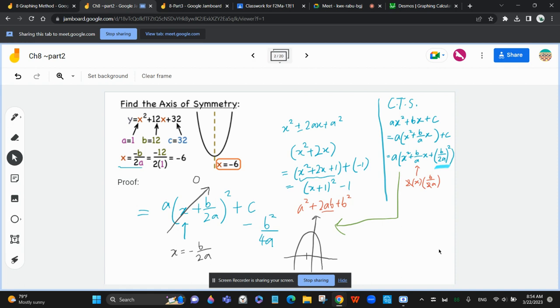For a positive, it is just the same, but the x coordinate, negative b over 2a, is the coordinate of the minimum point, or the vertex. So this is how we get negative b over 2a, by completing the square.